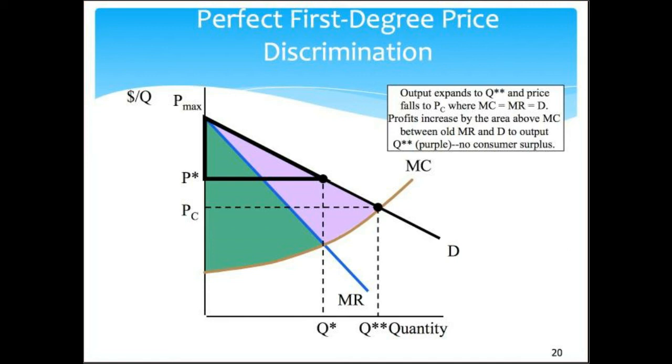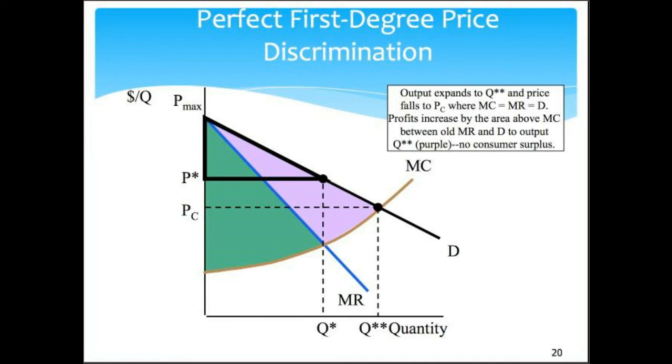The profit for each customer is going to be the distance between the demand curve and marginal cost, not the difference from marginal revenue and marginal cost. That's the critical thing to realize here. And so the firm's total revenue, before it was the price times the quantity, and so it would be the rectangle underneath the consumer surplus rectangle.